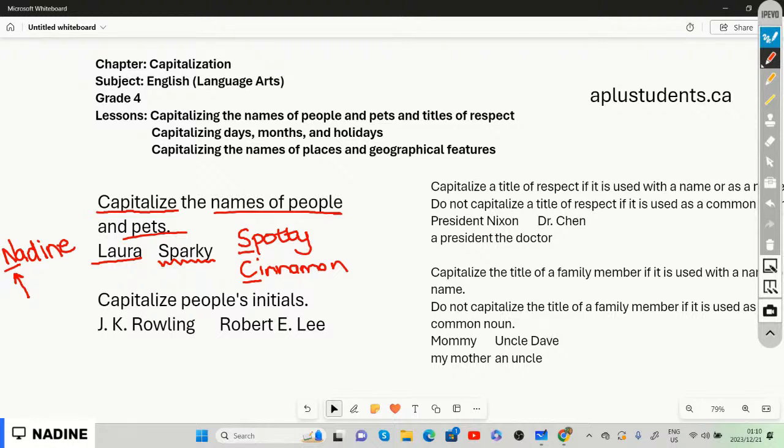All right, so that is us capitalizing names of people as well as pets, right? And like I say, if you are just going to say my dog, then dog needs to be written with small letters. But the name of your dog, for example, Rex, needs to be capitalized.